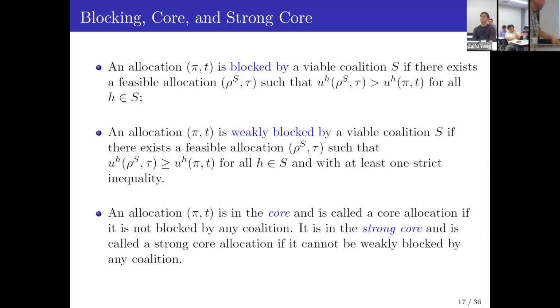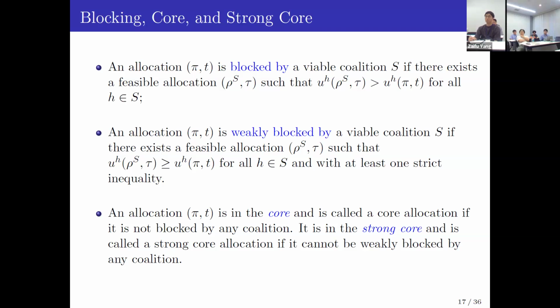Then the core, I think most of you are familiar. An allocation is a core allocation if it is not blocked by any valid coalition. But it should be valid coalition, or coalition should be okay.